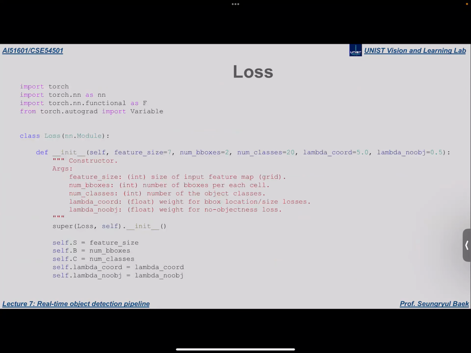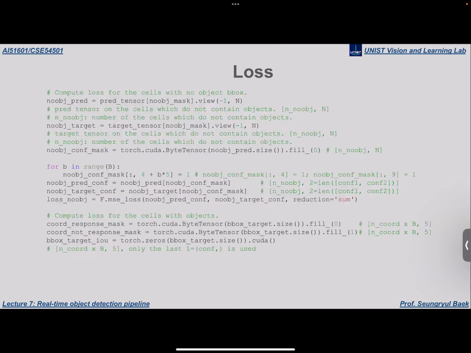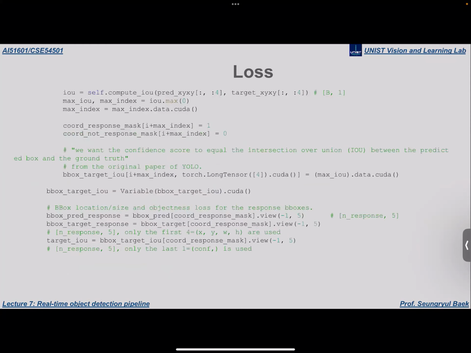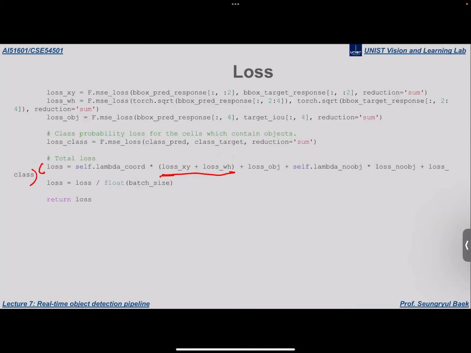And this is the code for applying the loss in your loss. So this is quite long. Okay, but you can see here the total loss. The loss is the same as I presented previously. This is the loss for XY center, and this is the loss for width and height.